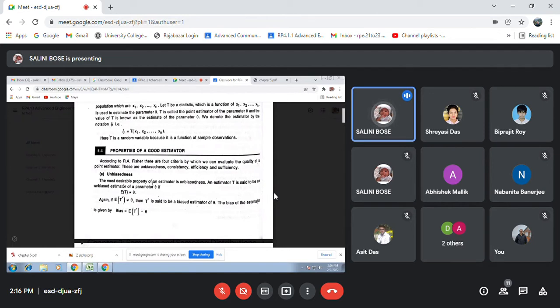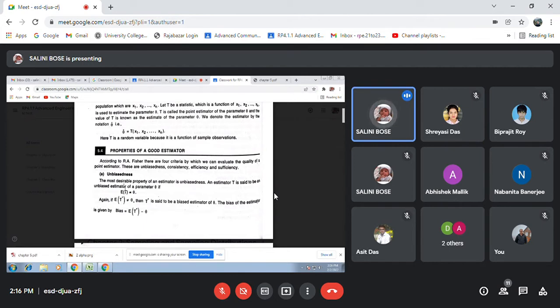The most desired property of an estimator is unbiasedness. An estimator T is said to be an unbiased estimator of parameter theta if the expected value of T is equal to theta.